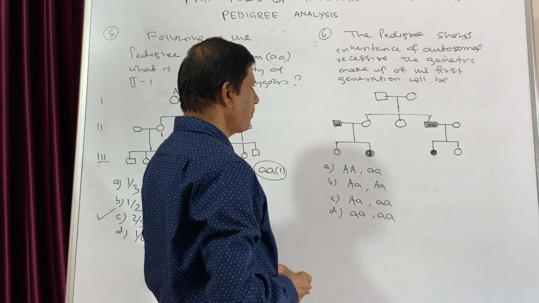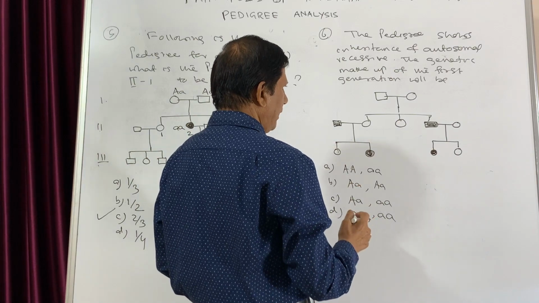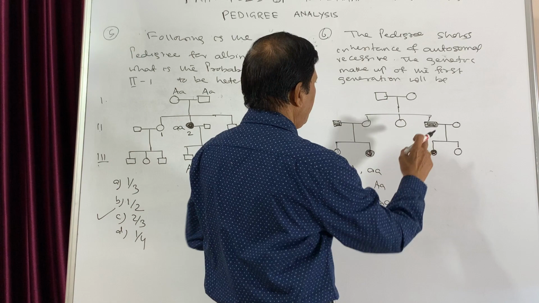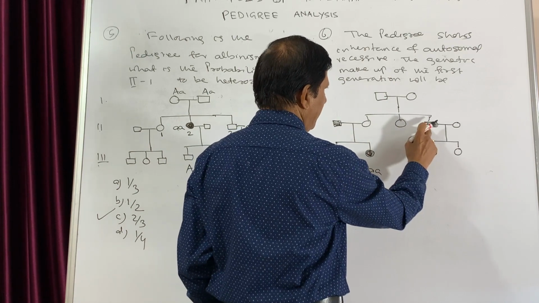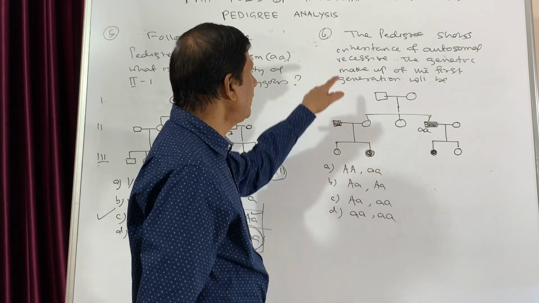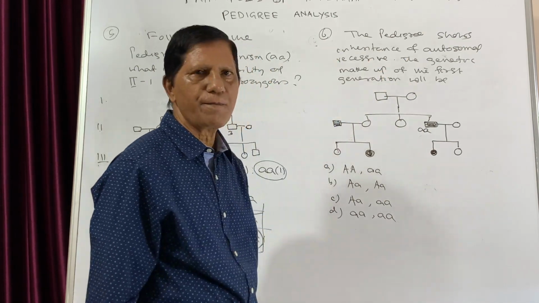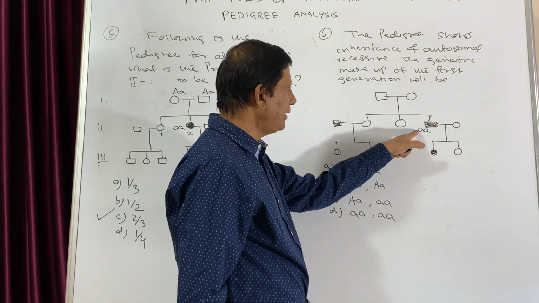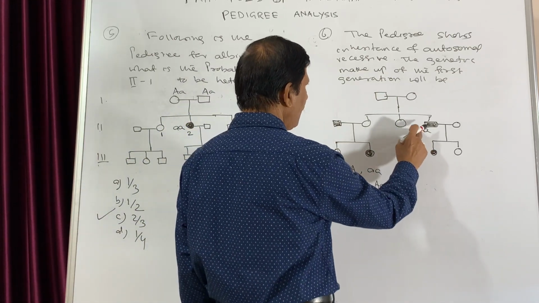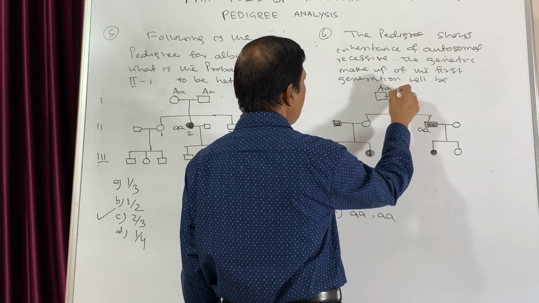Now you see, this person is affected, so naturally it will be recessive, because it is written also autosomal recessive. So when one child is affected, it will be recessive, and this recessive will come only when they will be heterozygous.